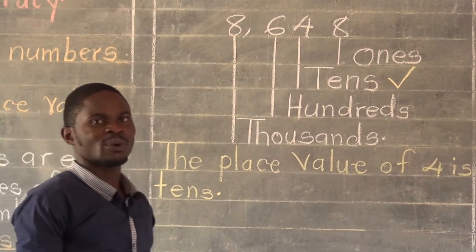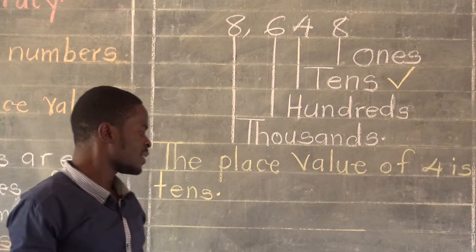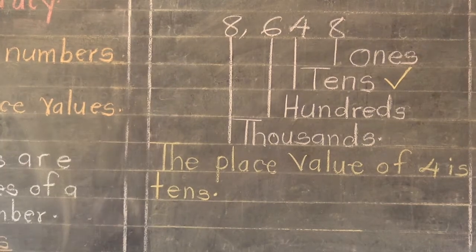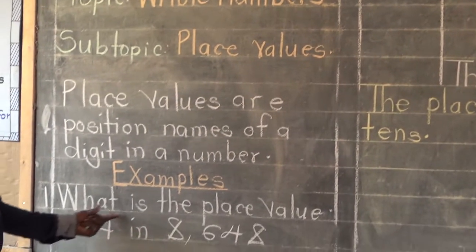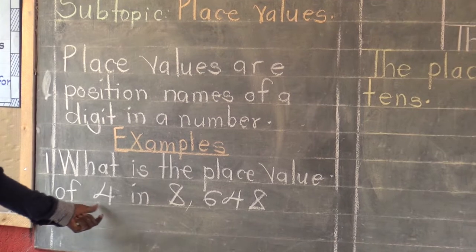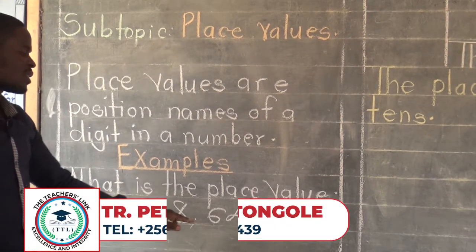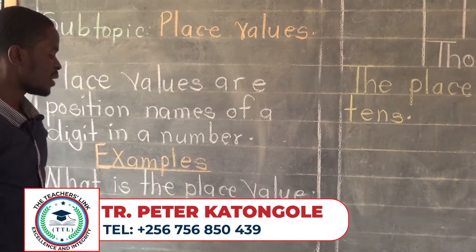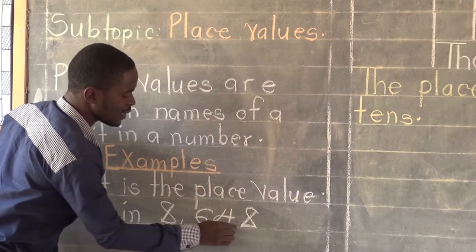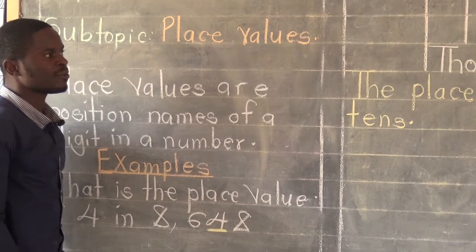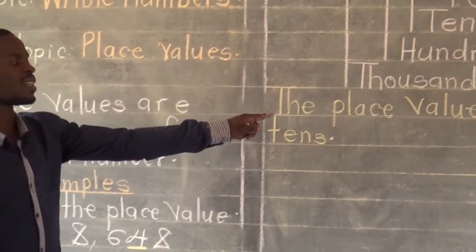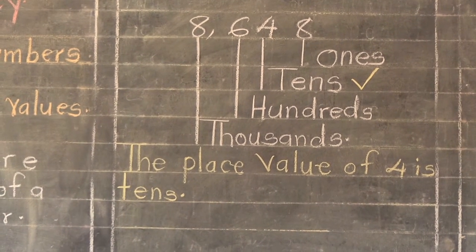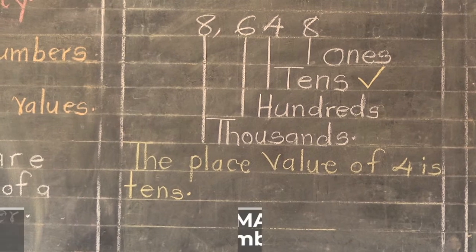The place value of 4 is tens. This is the place value they were asking you in this question. They were asking you, what is the place value of 4 in 8,648? They particularly needed the place value of number 4. So that's why you are stating your answer like this, that the place value of 4 is tens. Let's now go on and look at our second example.